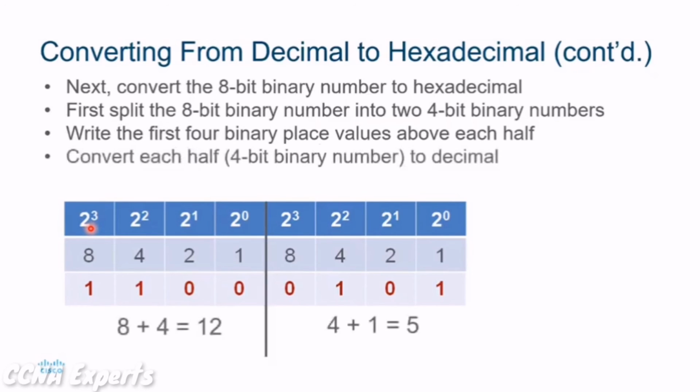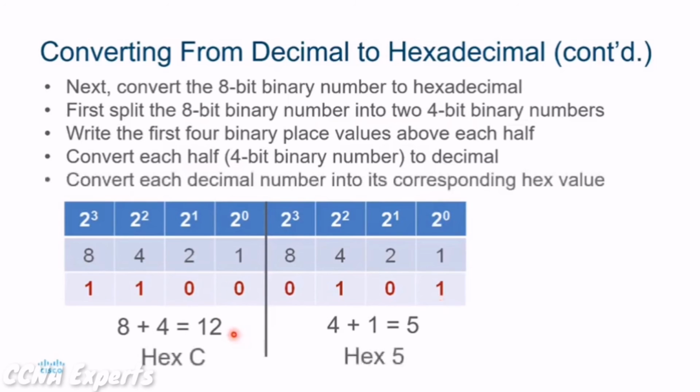On the left side, we get 8 plus 4, which equals 12, and on the right side, we get 4 plus 1, which equals 5. If we convert those to hex, 12 decimal is the equivalent of C in hex, and 5 decimal is the equivalent of 5 in hex.